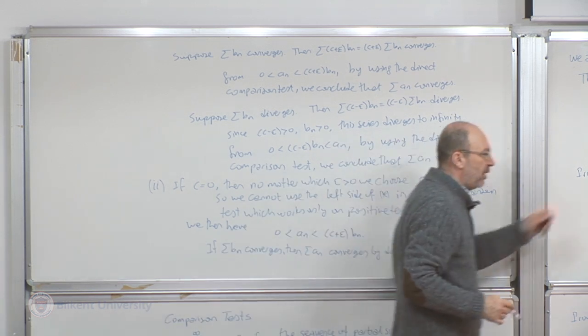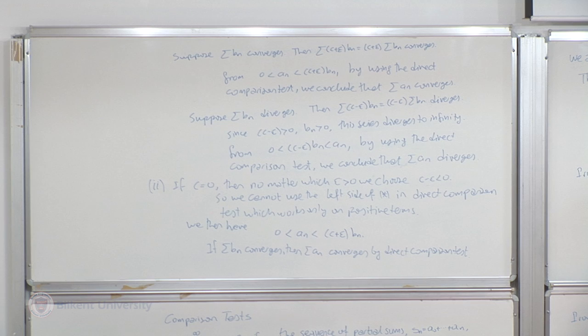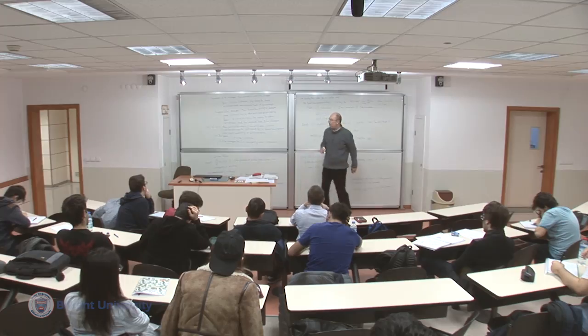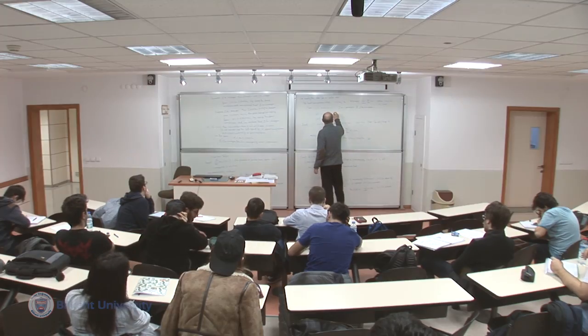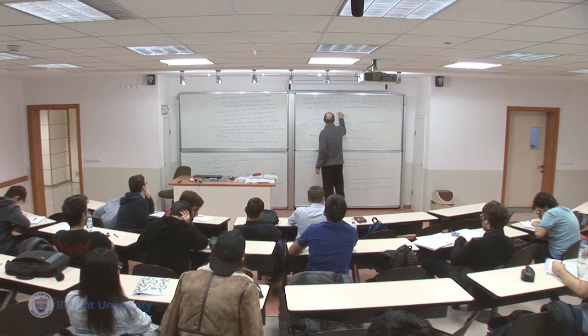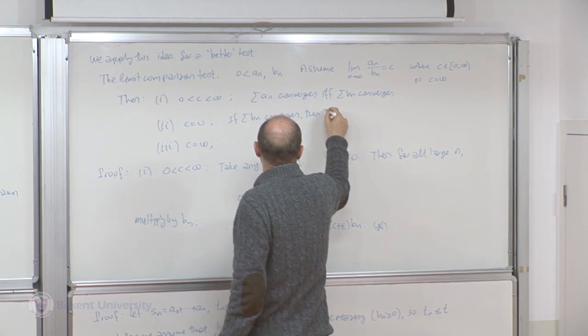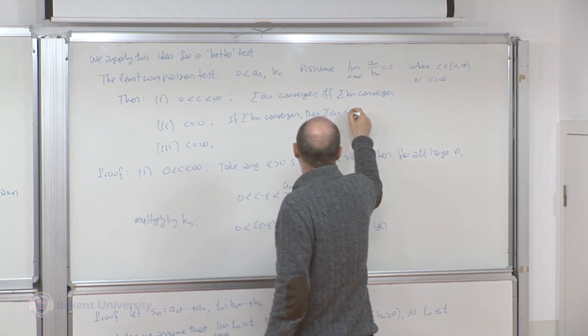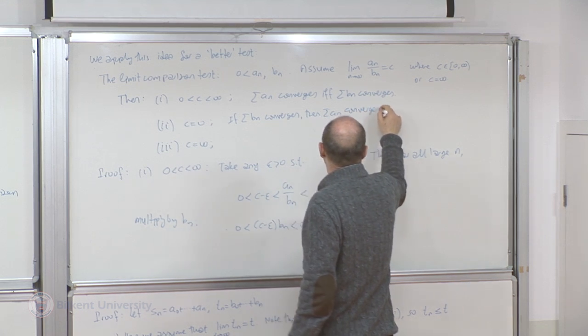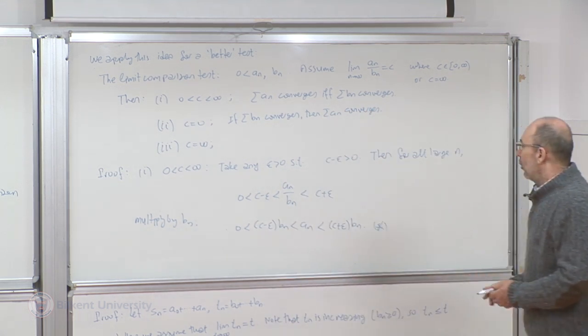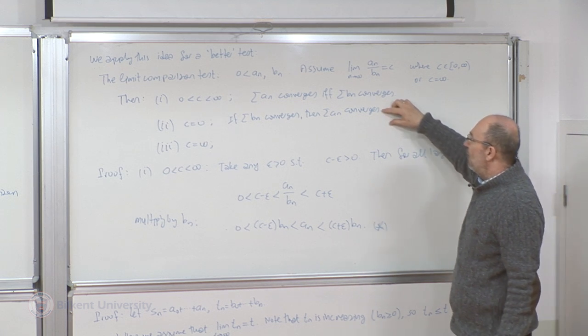Okay? So now I can write the theorem here. If summation Bn converges, then summation An converges. Okay, so how do you remember this now?